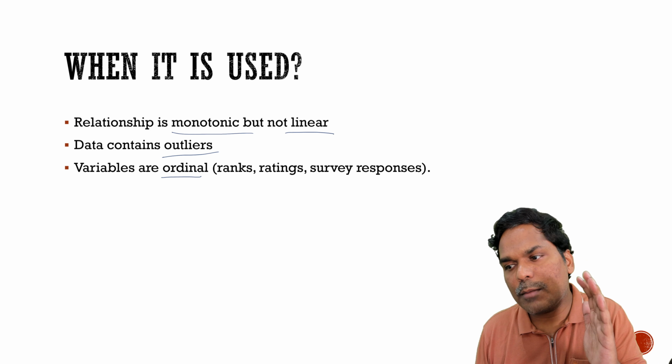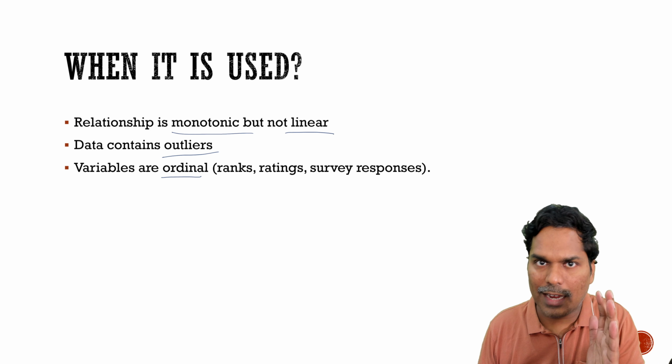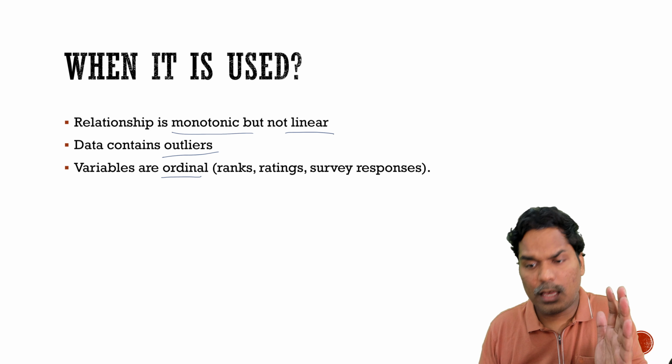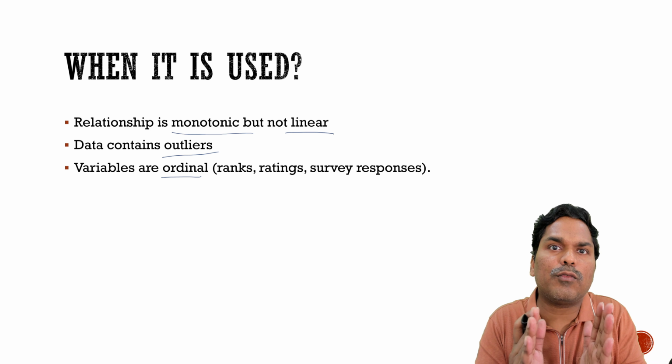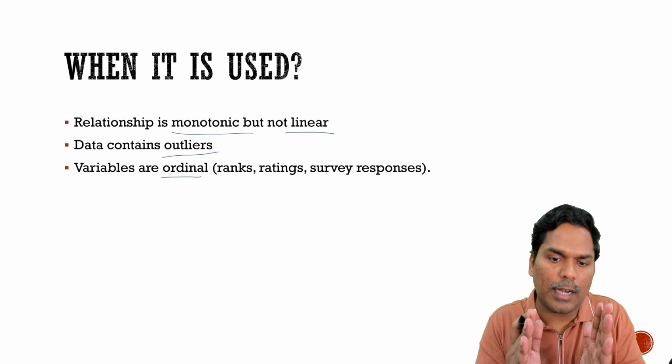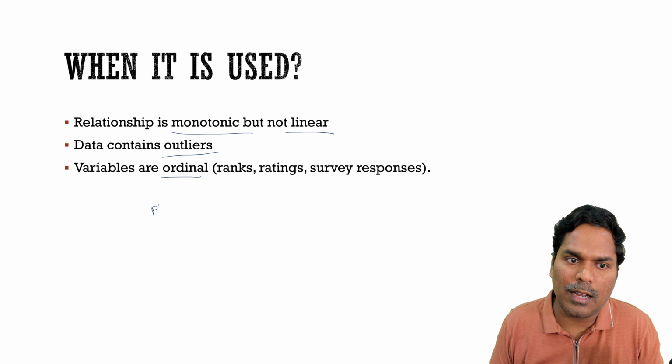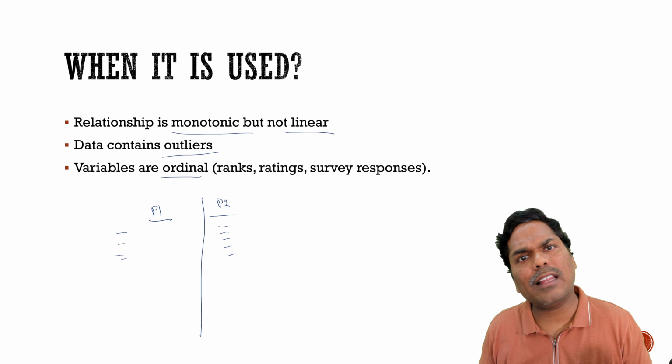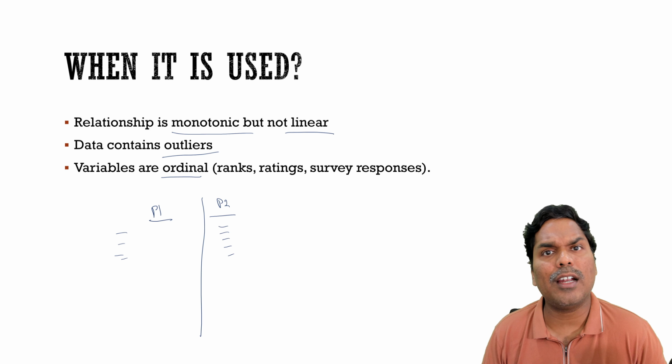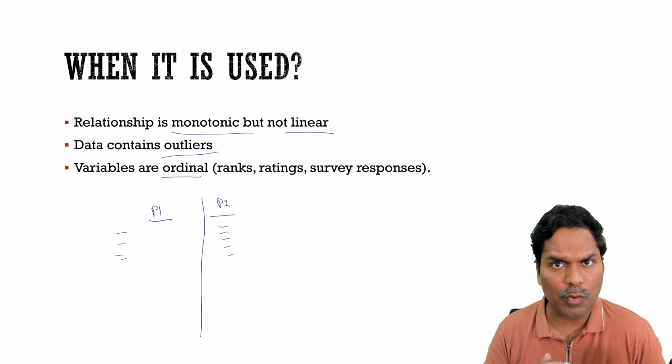There's one variable which is just giving you a rank or rating. You look at ratings of two movies, for example. Person one is rating certain movies, person two is also rating certain movies. Now, how do you calculate similarity between person 1 and person 2? Because ratings are 1, 2, 3, 4, 5.